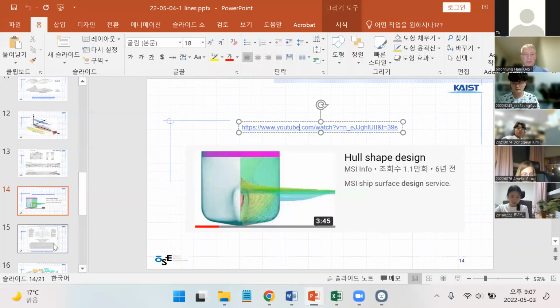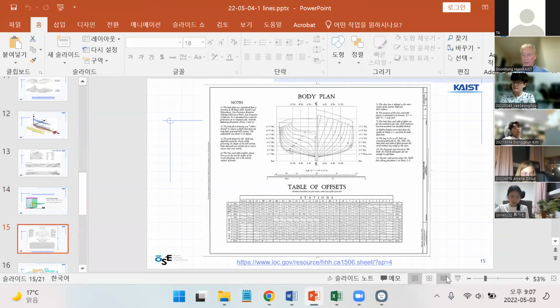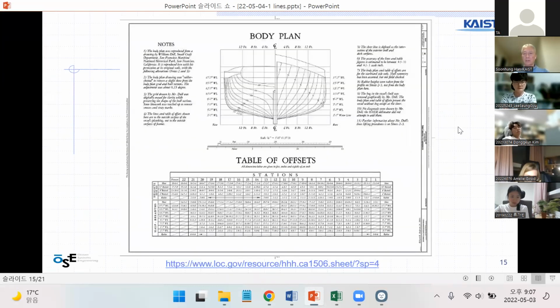Okay, that's enough. And then this one again, another example of a body plan and offset table. The picture is too small, but the table is made of stations, number 1 and number 22, and the station number is written here, right?